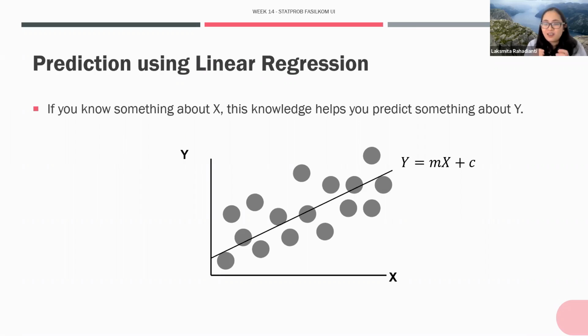Given X, I can predict or I can get the value of Y. Does that remind you of anything?